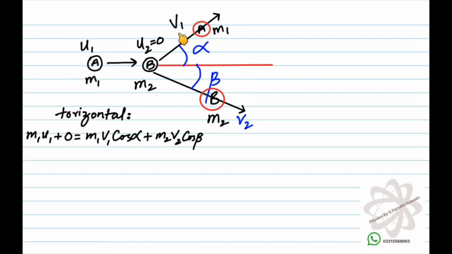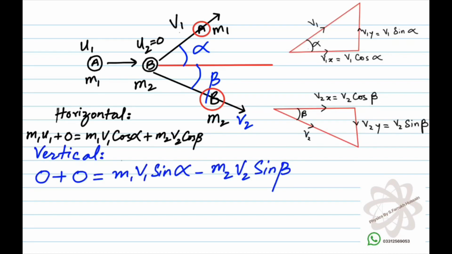So you have to resolve v1 into its rectangular components, and you will do this by making a vector triangle. As you can see, v1 is the resultant velocity, so you will resolve v1 into its components v1x and v1y, and according to trigonometry, v1x is v1 cos alpha and v1y is v1 sin alpha.